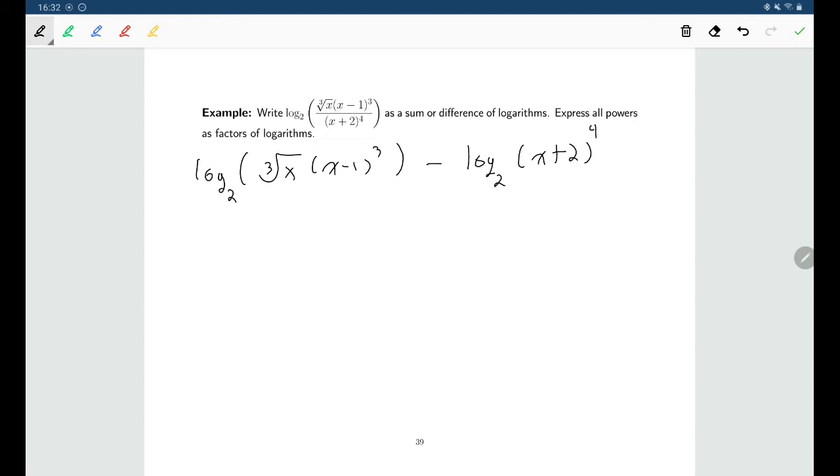Okay. All right. So next thing that we have here is in our first term, I have log base 2 of two things multiplied. So using my log properties, that would be log base 2 of that first thing, log base 2 of cube root of x, and then I would have plus log base 2 of x minus 1 to the power of 3.